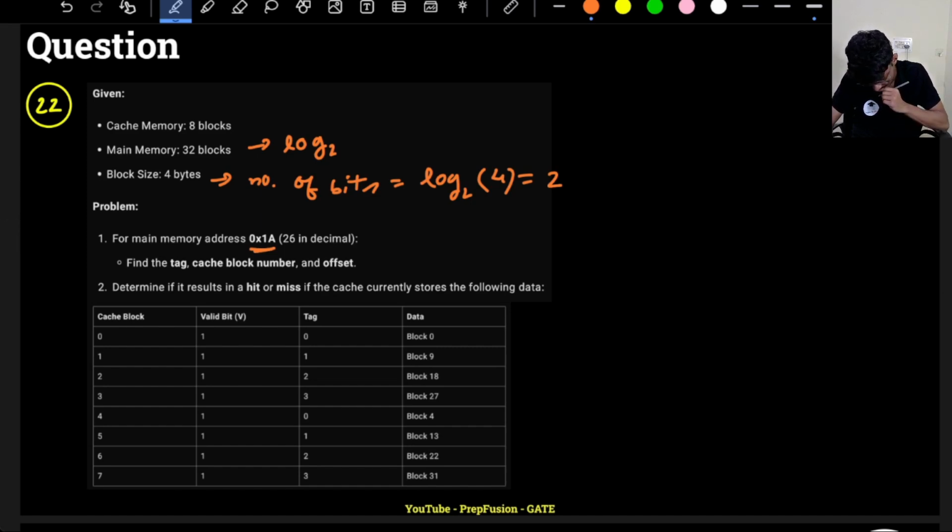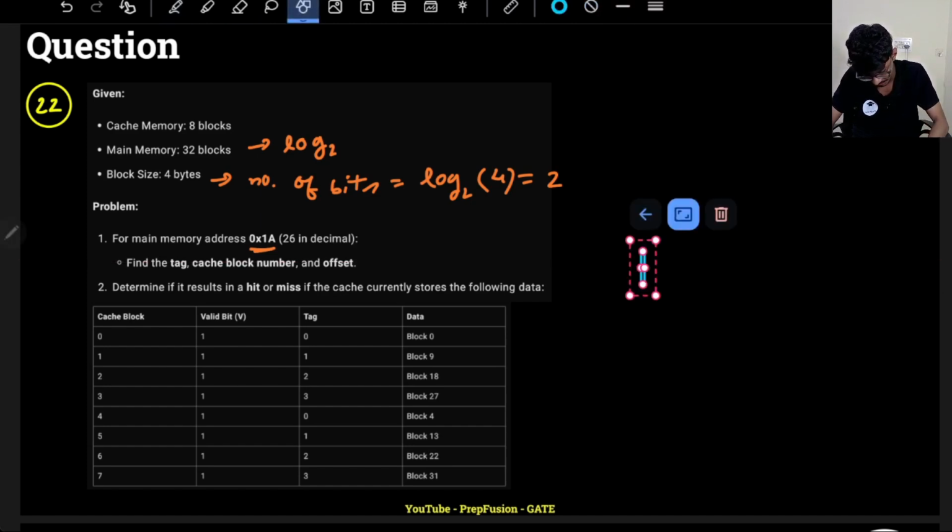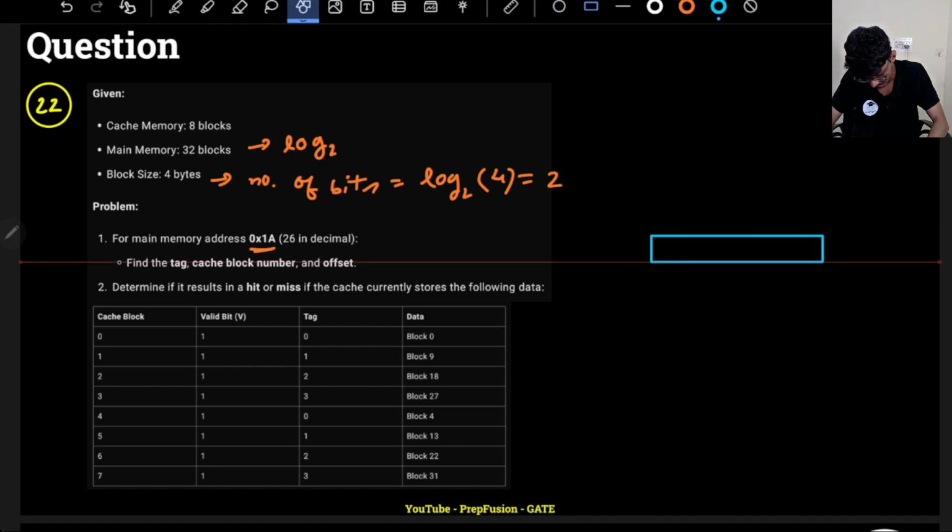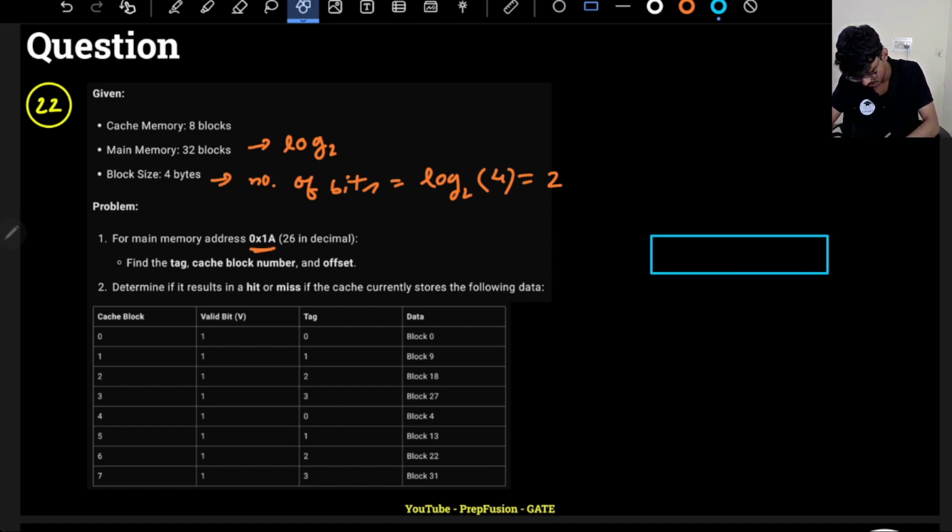So let me first divide my main memory address. It seems like main memory contains 32 blocks and each block is of 4 bytes. So what is the total main memory size? 32 blocks, so log of 32 will be 5 bits, 5 bits plus 2.